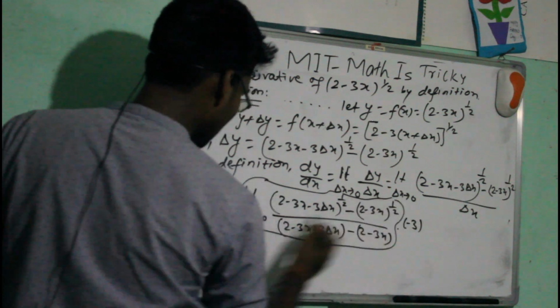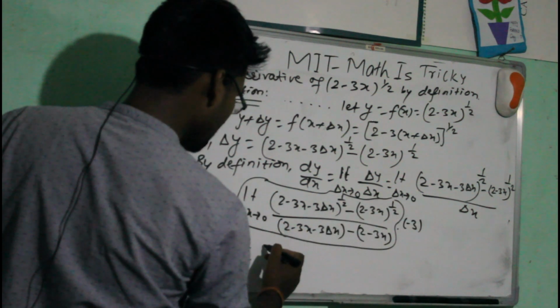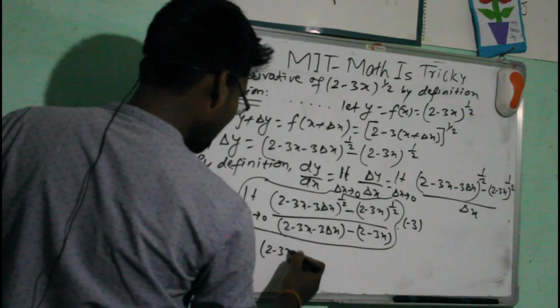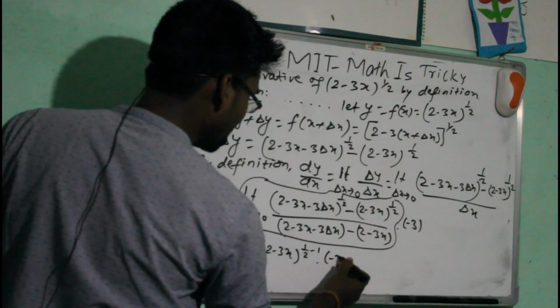This overall will give simply one result. So this is simply 1 by 2 minus 3x whole power 1 by 2 minus 1, and minus 3 as it is.